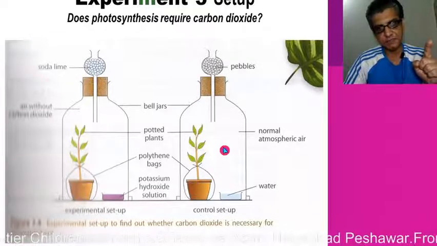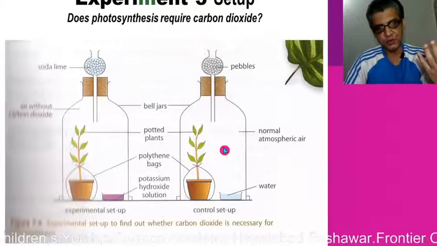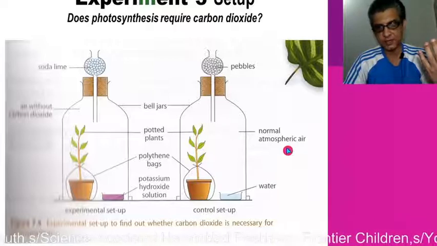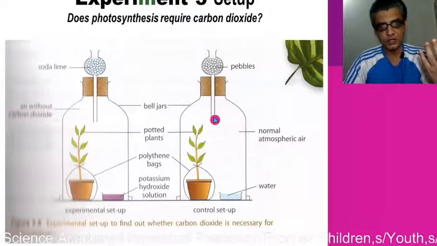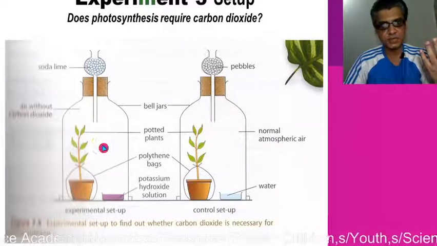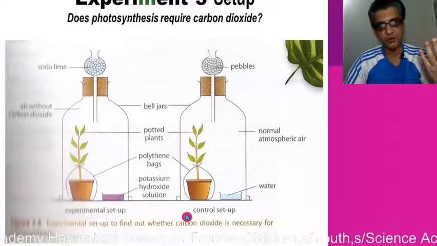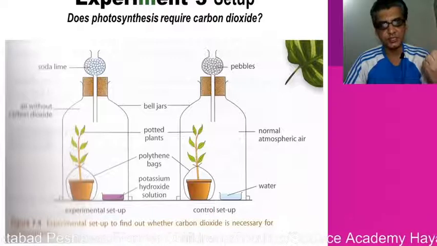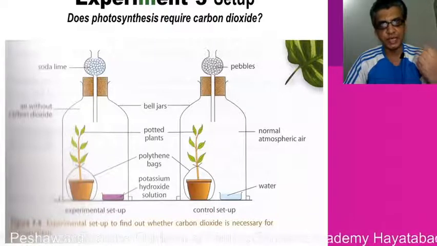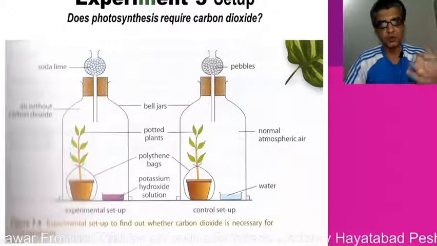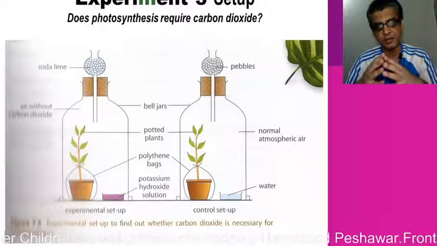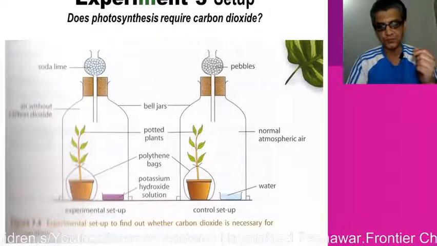And in the control group, obviously there will be photosynthesis because carbon dioxide is there in normal atmospheric air. So such a setup, called experimental group and control group, is very necessary when conducting an experiment. So I hope this example will clarify the difference between the experimental group and control group.